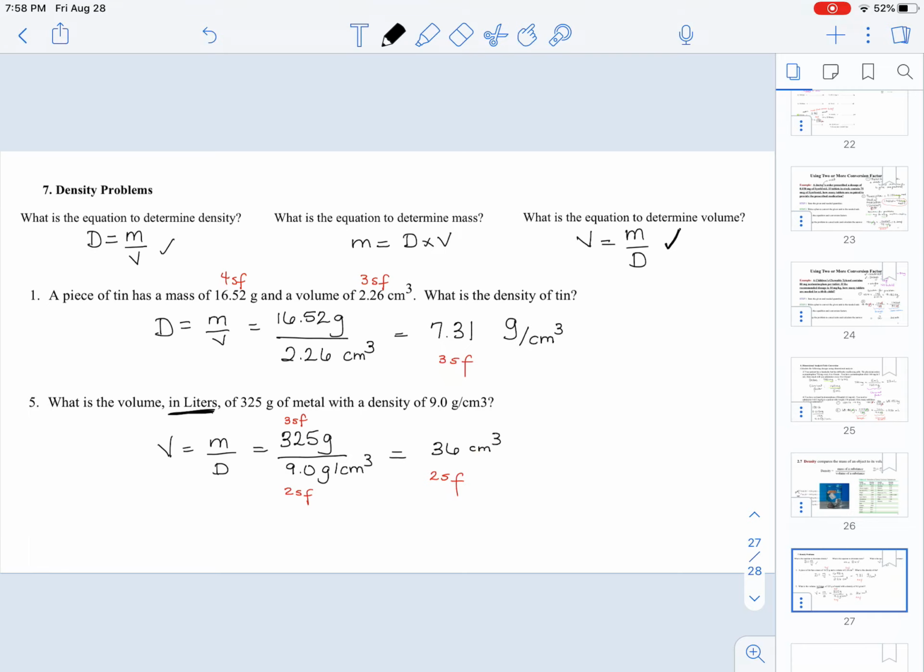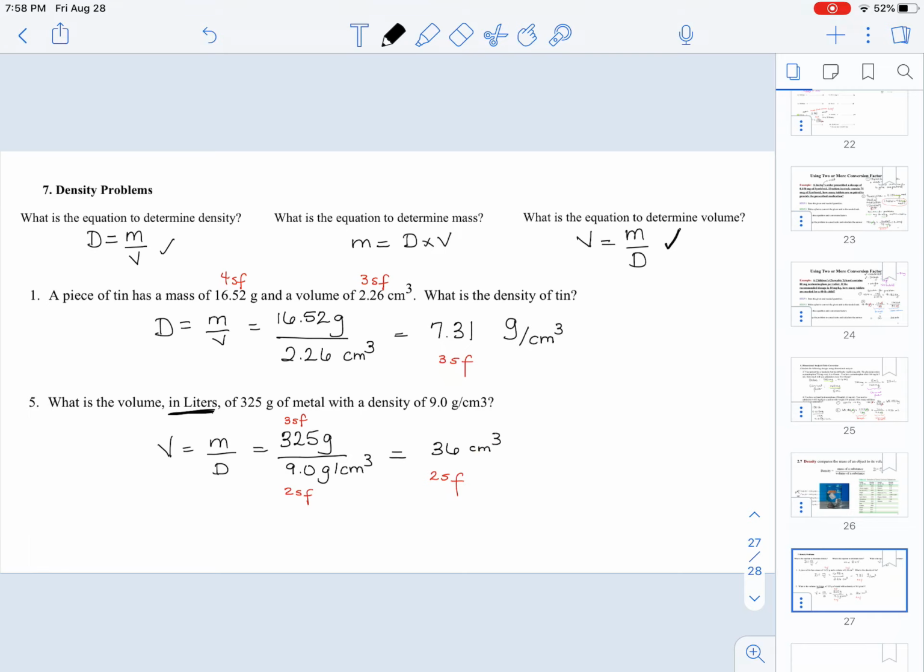What does this mean? This answer is actually like saying 36 milliliters. To get the final answer, you need to convert those milliliters to liters. So again, you will go back and utilize the number line method.